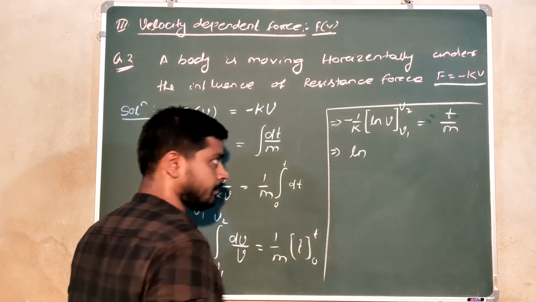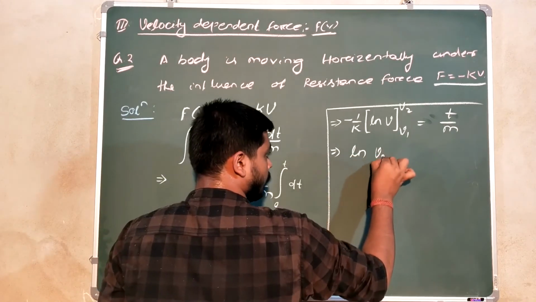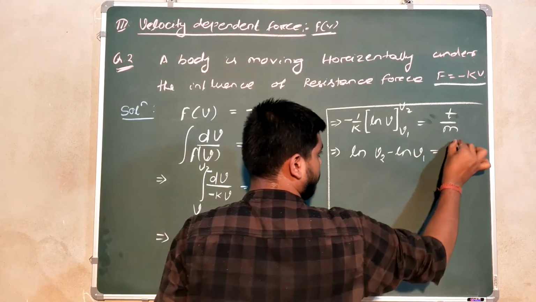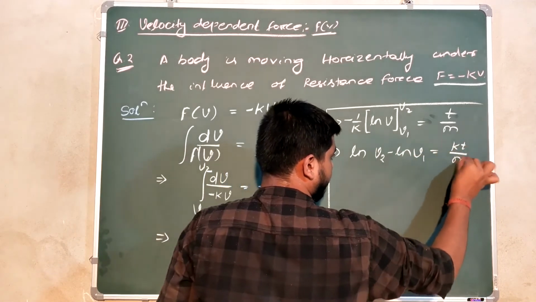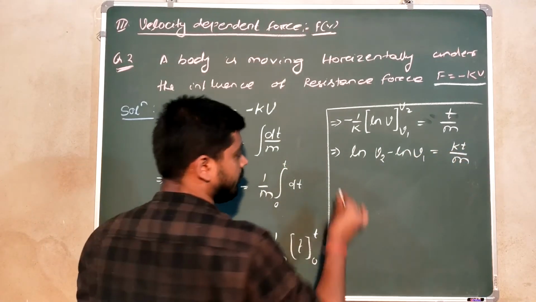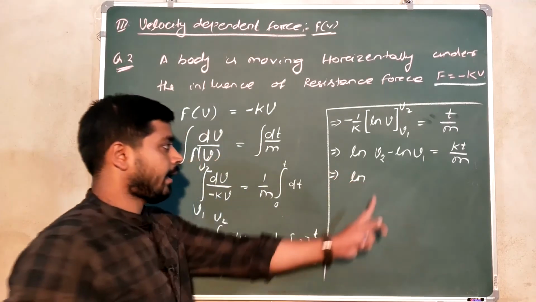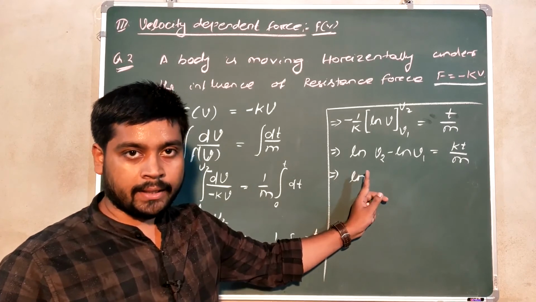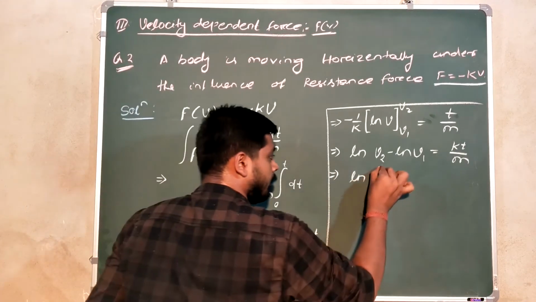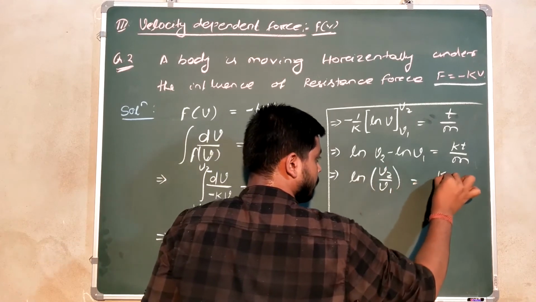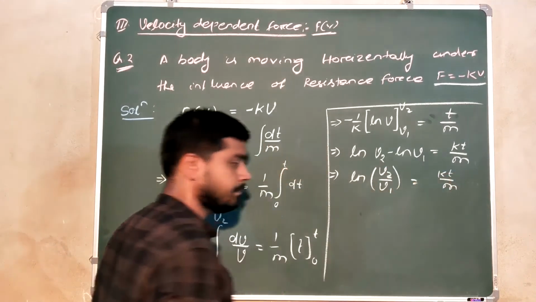Then ln v2 minus ln v1 equal to kt by m. Yes or no? Then further simplified, we get ln a minus ln b equal to ln a by b. That is ln v2 by v1 equal to kt by m. Yes or no?